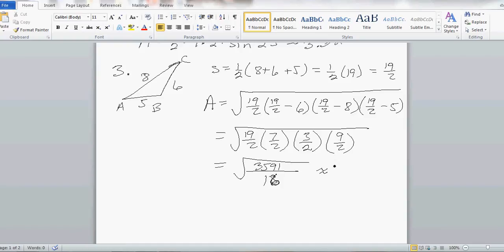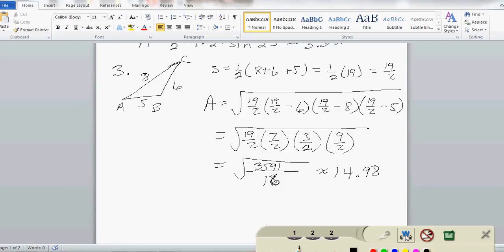And then rounding to 2 decimal places, we just need to take the square root of 3,591 divided by 16, and we see that that is 14.98. The area is 14.98. There's your final answer. When you have side, side, side, you have to use the semi-perimeter and then do this particular calculation.